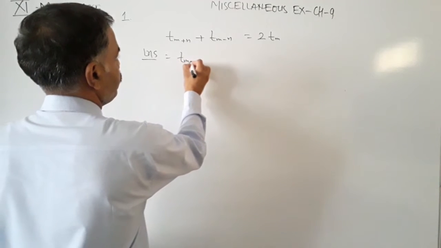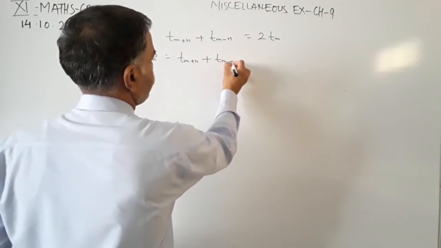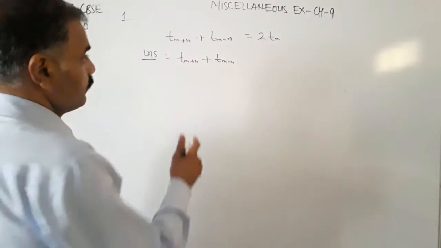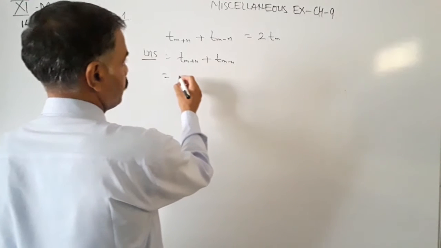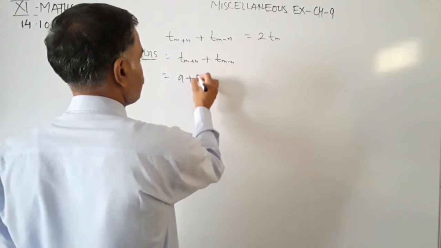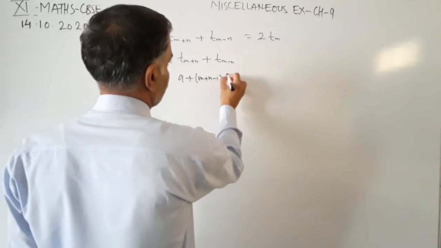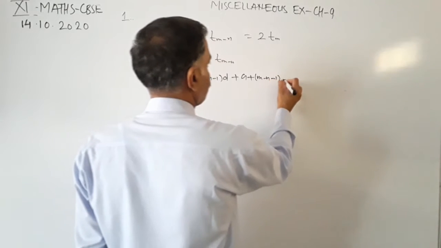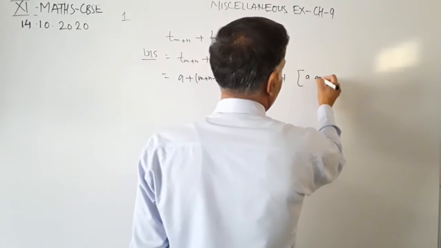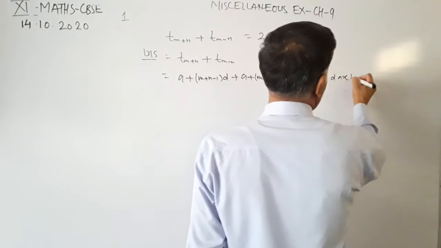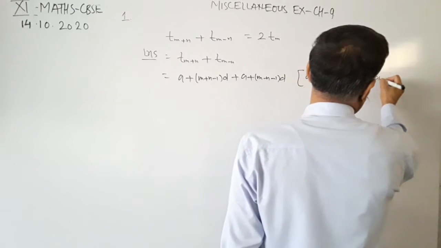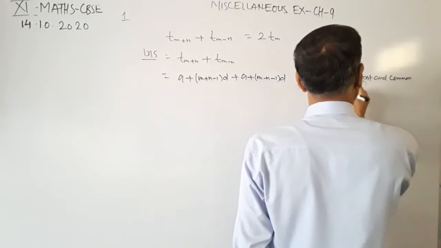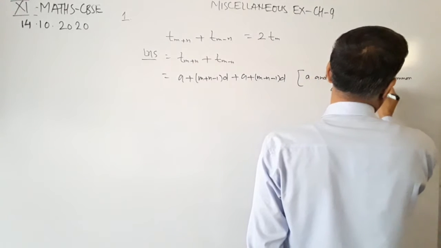That is t(m+n) plus t(m-n). This is in arithmetic progression. So the (m+n)th term in arithmetic progression is a plus (m+n-1) into d, plus a plus (m-n-1) into d. Here a and d are the first term and common difference of the given AP.